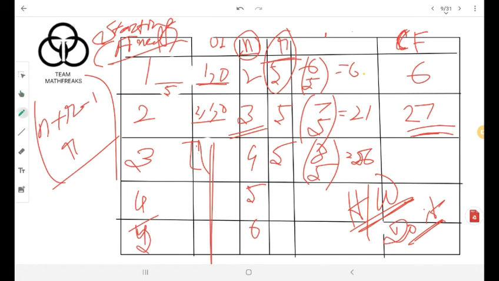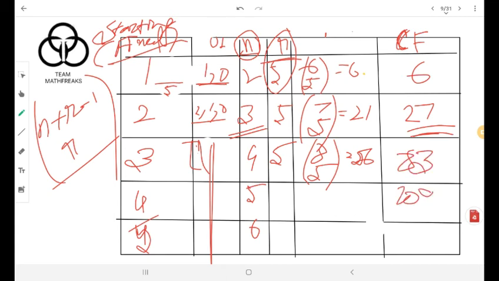Okay, I am filling them. This is 83. How does this 83 come? That we have to calculate ourselves. Then 209, 461.